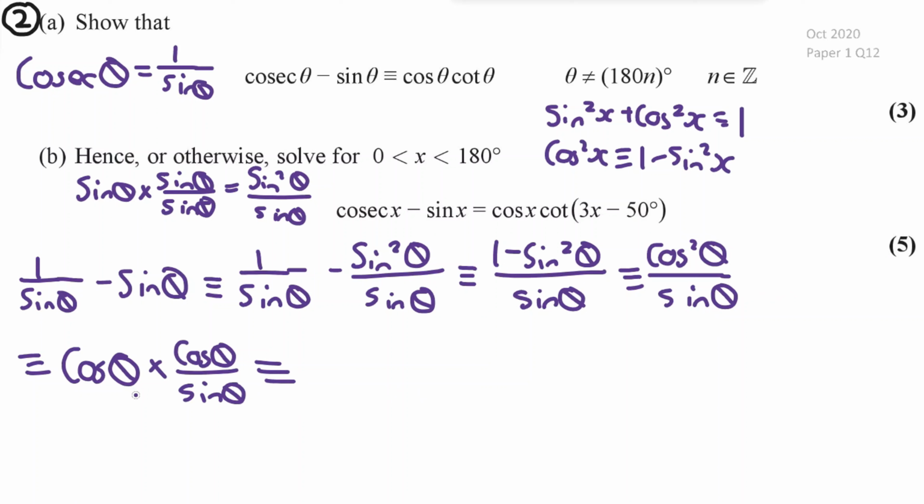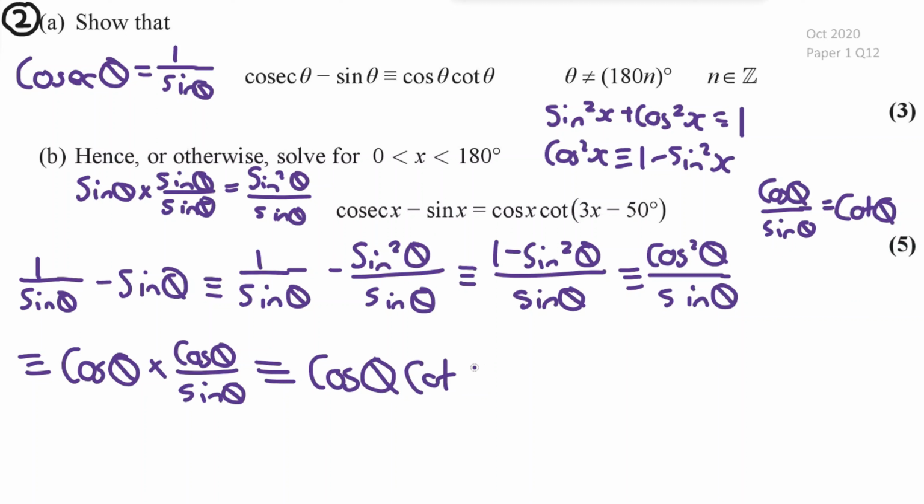Remember that cos theta over sin theta is equal to cot theta. We can rewrite this as cos theta cot theta, which is required in the question. So again, for these identity questions, always write everything in terms of sin and cos, and then try and combine the fractions like this, and always look out for this sin squared x plus cos squared x is equivalent to 1.